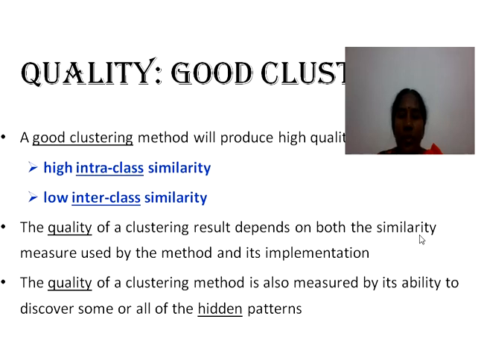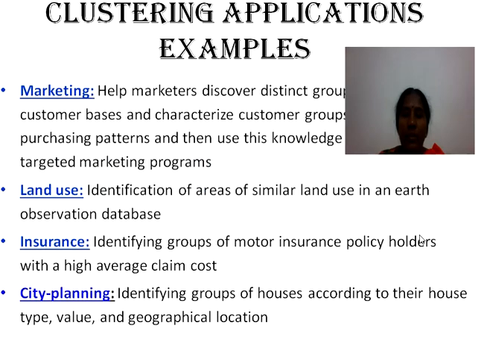So the quality of the cluster results depends on both similarities. Second, the quality of clustering methods is also measured by the ability to discover hidden patterns, called intrinsic patterns, in order to define the cluster qualities.